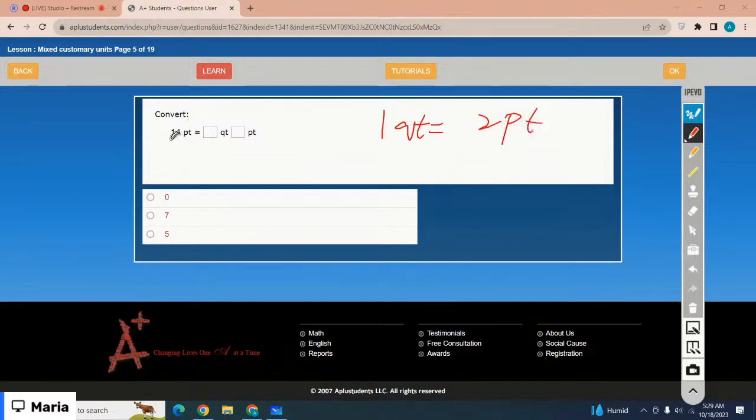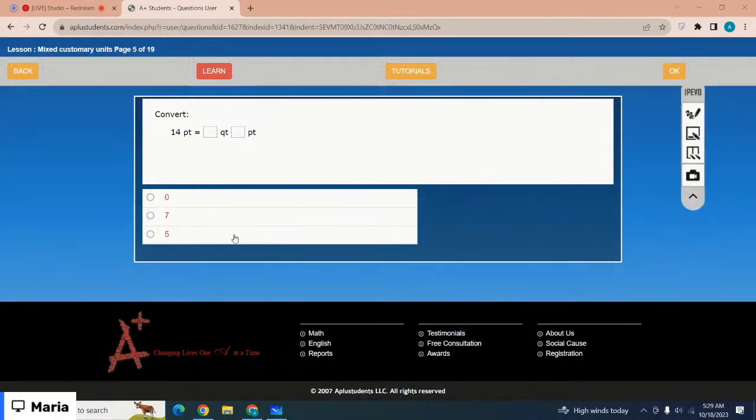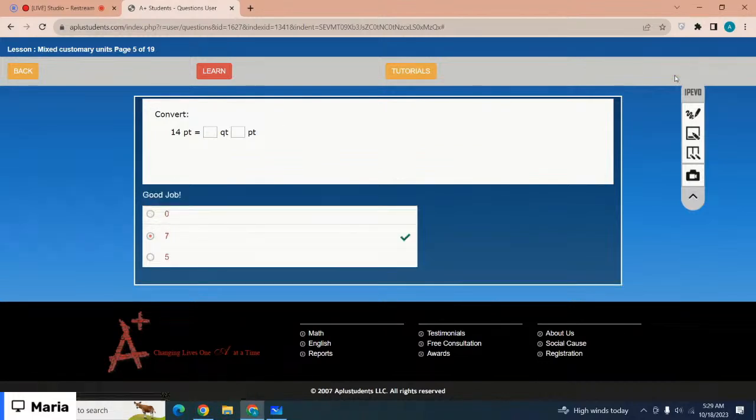So you have 14 pints. Just divide it by 2. You have to divide it by 2, right? That would be 7.